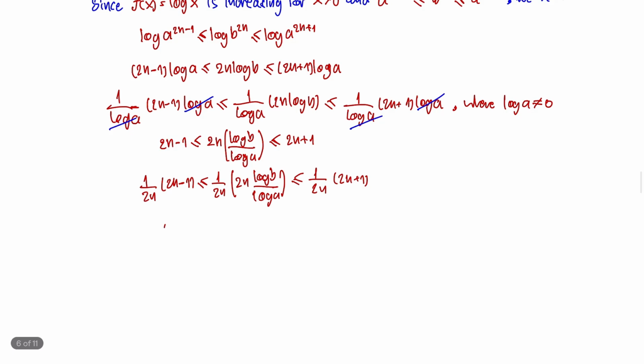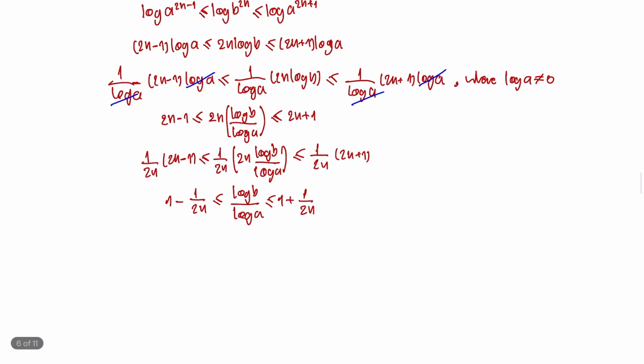Then we're going to have 1 minus 1 over 2n less than or equal to log b over log a less than or equal to 1 plus 1 over 2n, for every positive integer n.